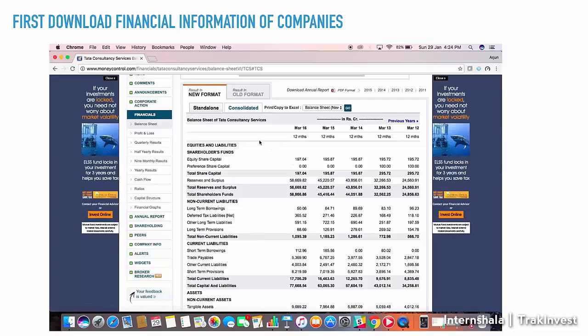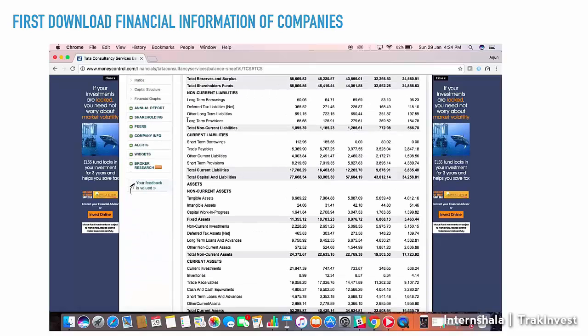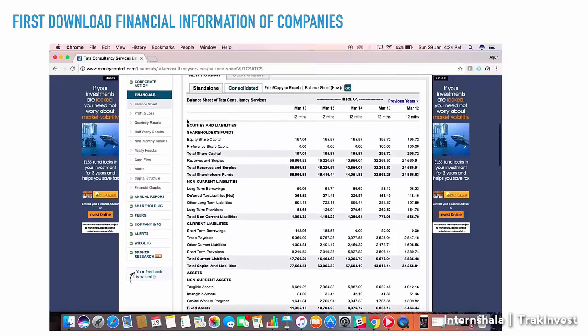This entire balance sheet is available publicly for all companies in every sector. You can actually get all the figures, and you see here you have a lot of years present as well. You can copy this entire information and paste it into an Excel, and it will paste just like that.